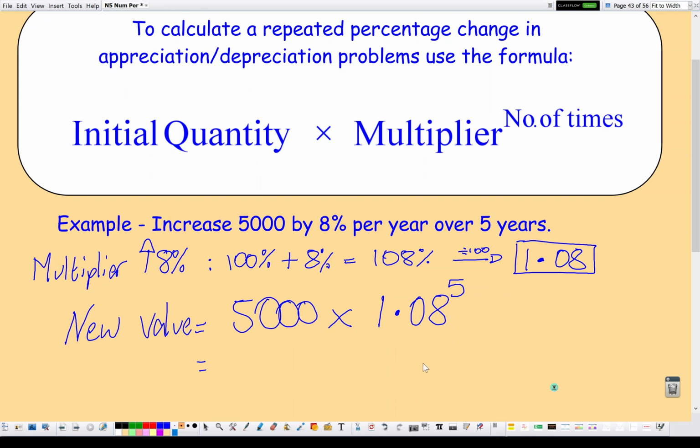Don't worry about rounding. Got an answer?